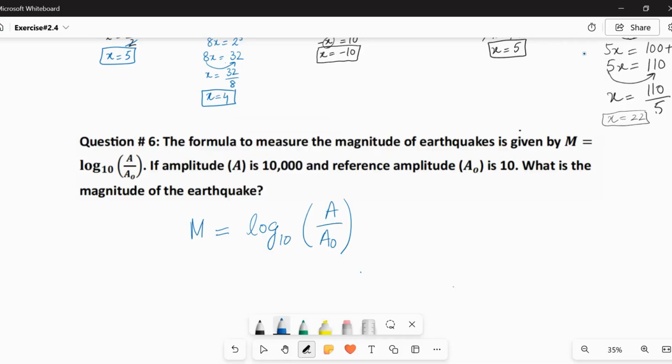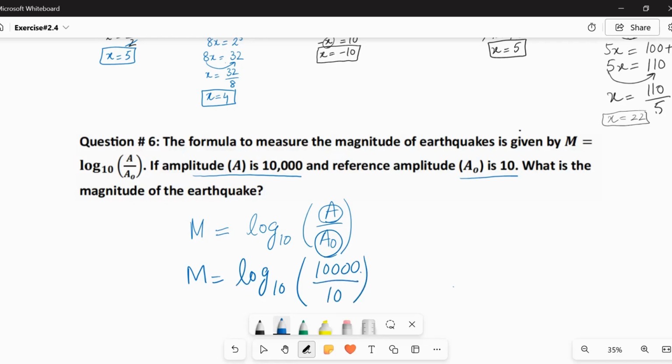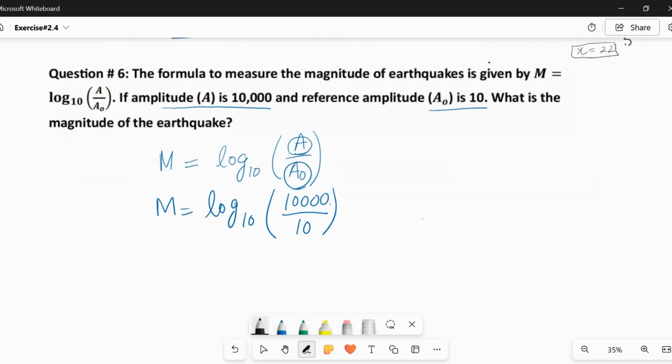Okay, so now substitute the value of a and a naught. The value of a is given in the question, which is 10,000, and the a naught value is given, which is 10. So just substitute the values and you'll get 10,000 divided by 10, right? And now this 0 will cancel out this one.